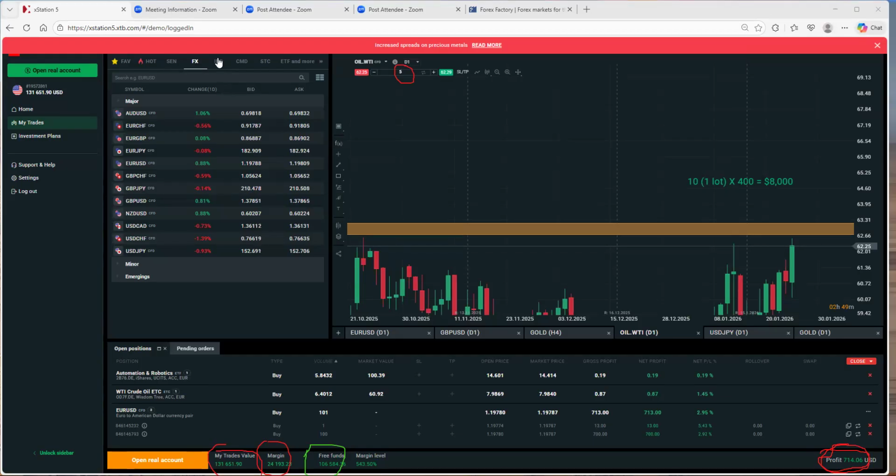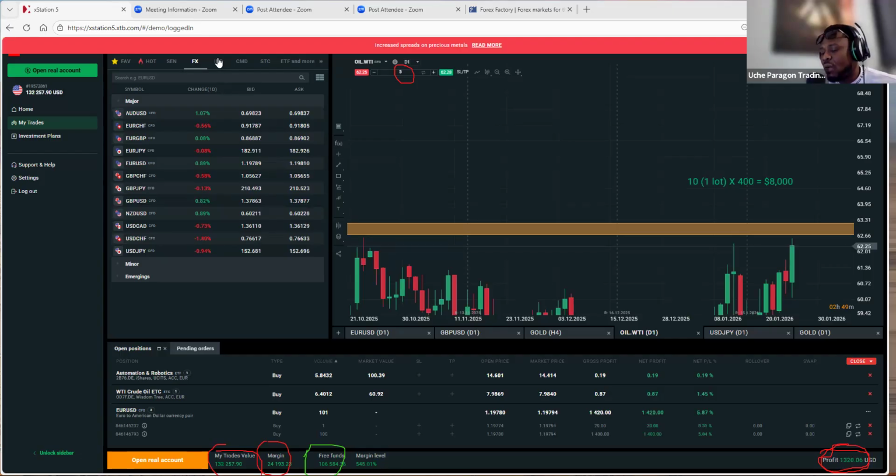Your equity becomes like a second balance that is not static, because when you're making profit, it shows on equity and also adds to your free margin. When you're making a loss, it also shows on your equity, while the balance is always constant. That's on MT5. This platform doesn't show balance. It shows you the value of your investment, because this platform is a multi-asset platform.